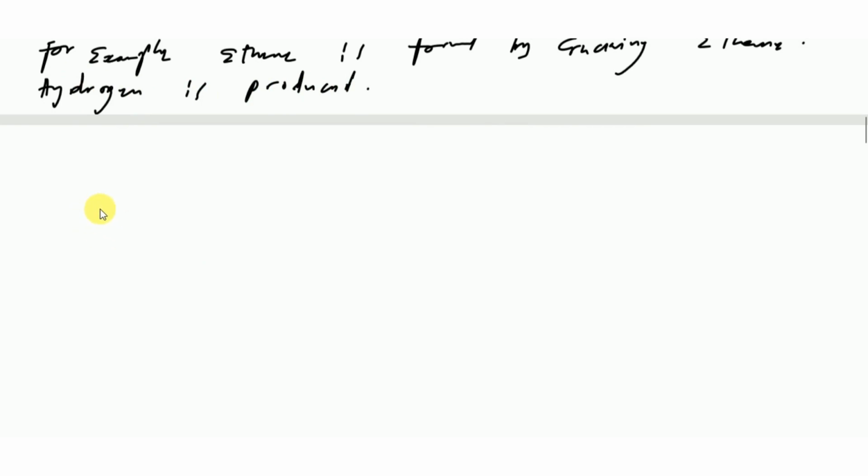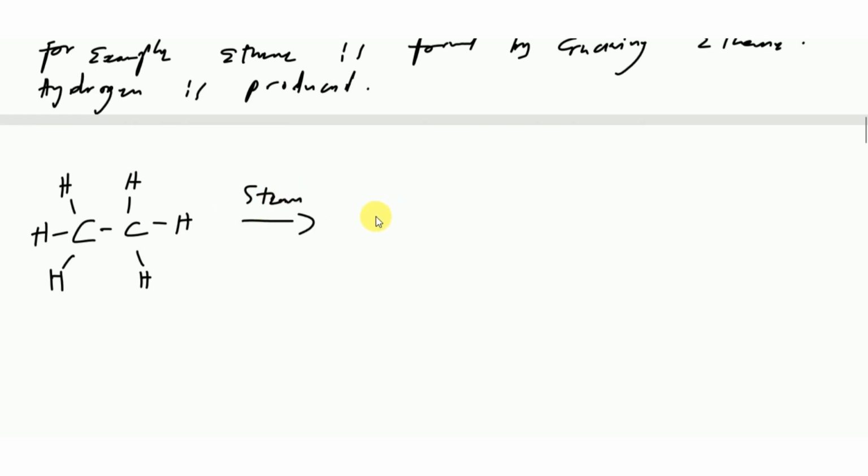So if we have our alkane, and we have said we're going to use ethane, so if we have our ethane there, and this is cracked using steam, this can produce ethene, which is an alkene, and this also produces hydrogen gas.